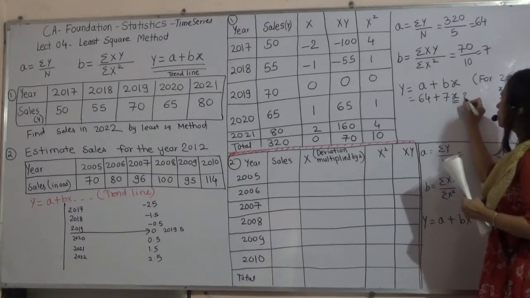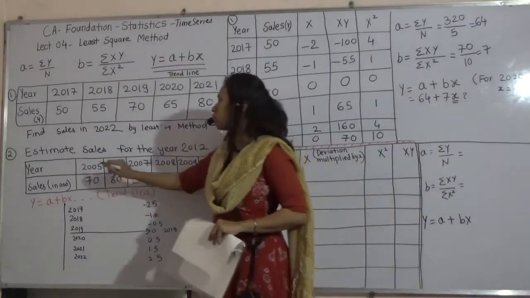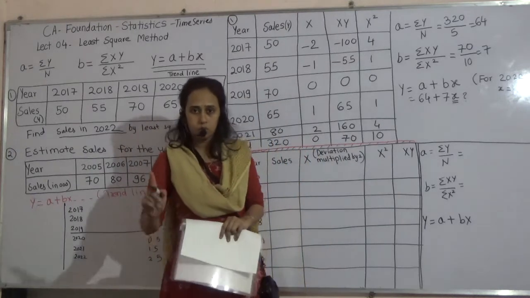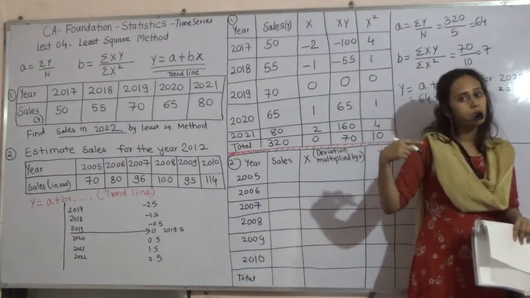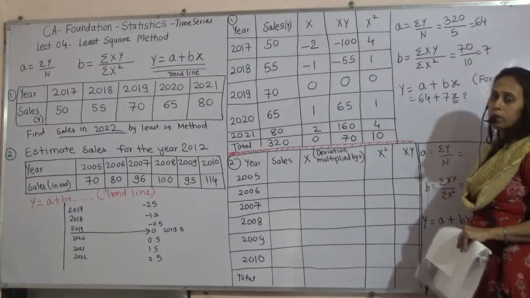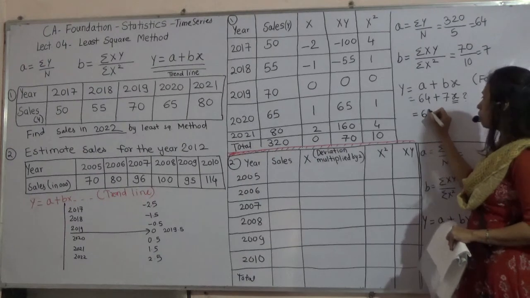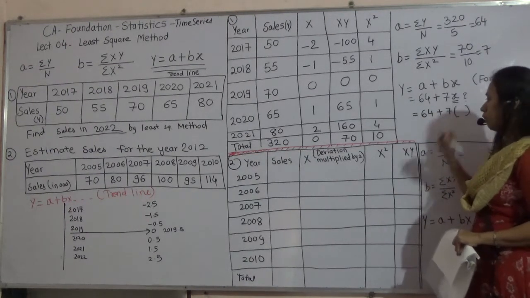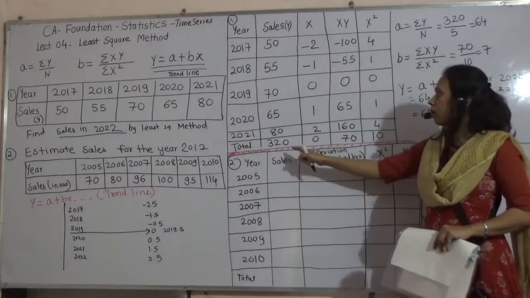Now what is this x? X is nothing but the year they have asked you to find sales in, 2022. Okay students, we have to calculate 2022 data. By this method we are done with A, B and everything. Now we have to put in this x value. How? 64 plus 7 into what? Remember how we calculated x.